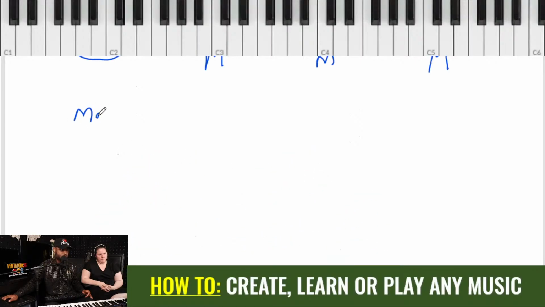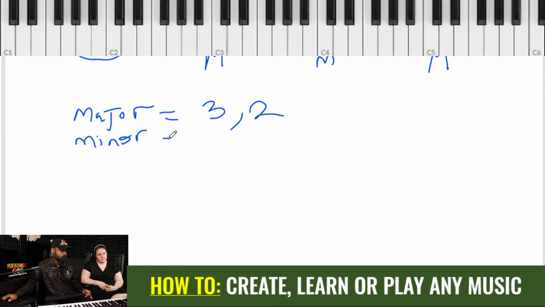Major: notes in between is 3 and 2. For the minor, notes in between is 2 and 3.